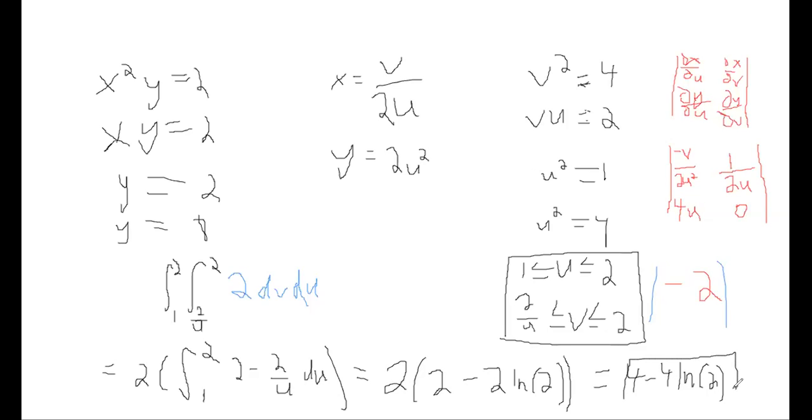And you can check that that is indeed going to be our final answer. That is indeed going to be essentially 4 minus ln of 16, if you want it to be super nice. That is indeed going to be our result, whether we've done it through this double integral or whether we've done it through just a single integral via calculus 1.